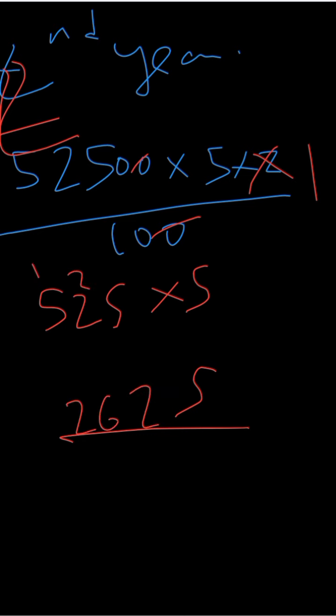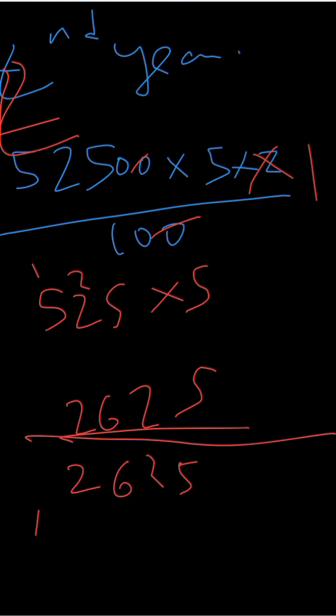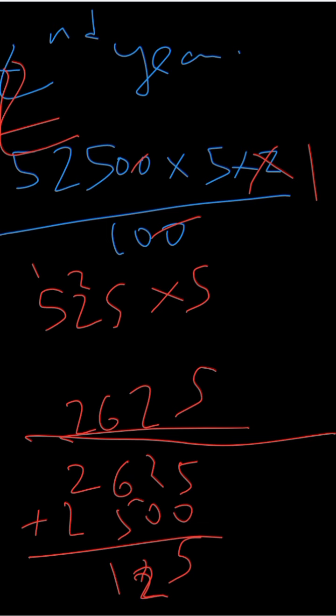Now let us calculate the interest for 2 years. For the first year he got 2,500, for the second year 2,625. Now just compare the interest. This is the total interest he got.